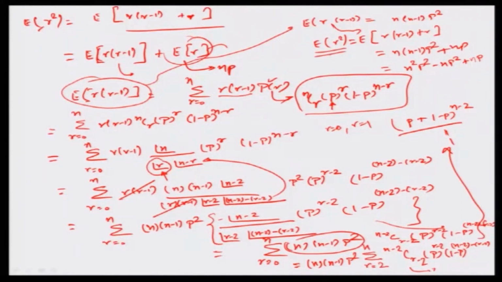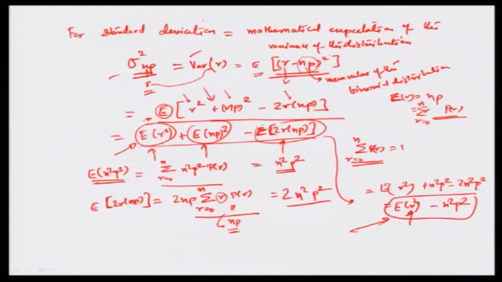So, finally, let me just recall, go one slide back and see what had been left over here. We have already computed the expectation of n square p square and twice r n p, and these values come out to be n square p square and twice n square p square. And finally, we had the expectation of this whole term r minus n p whole square, which is actually the variance of r, was expectation of r square minus n square p square.